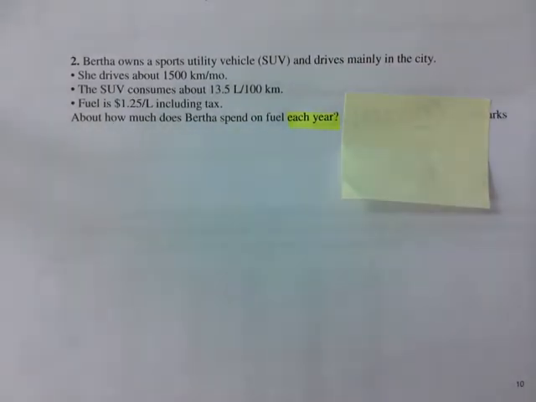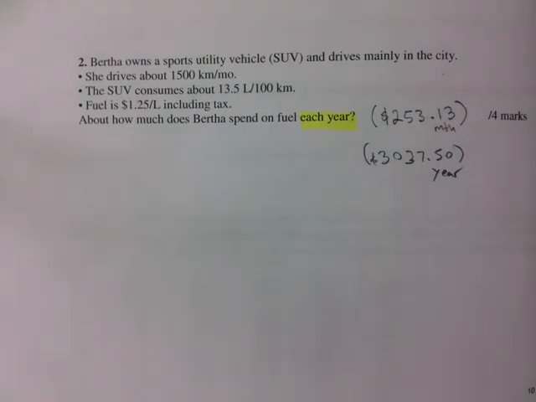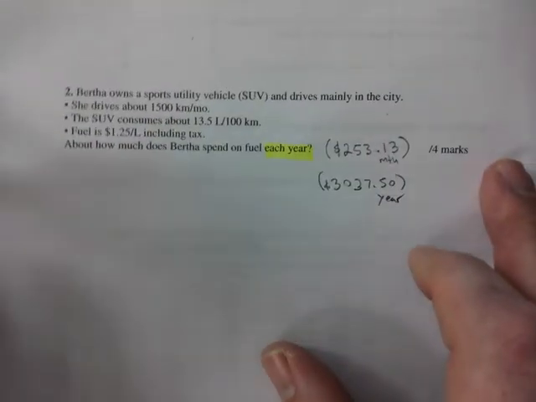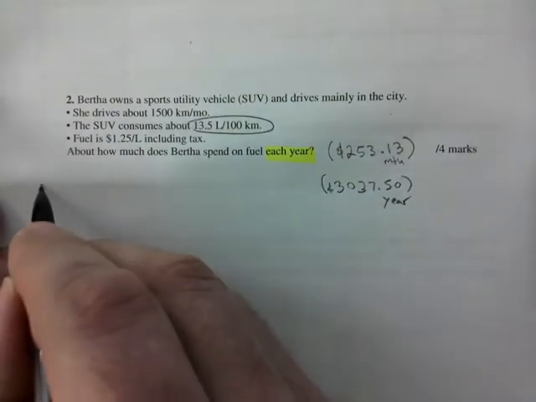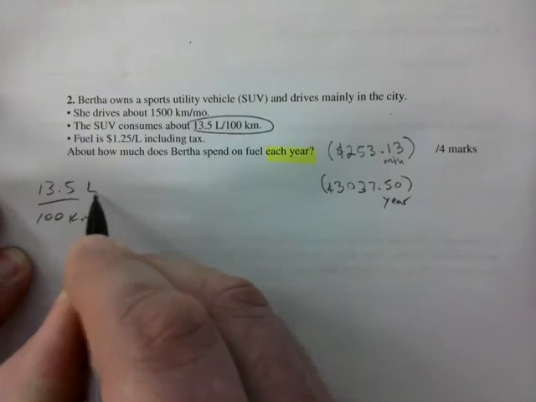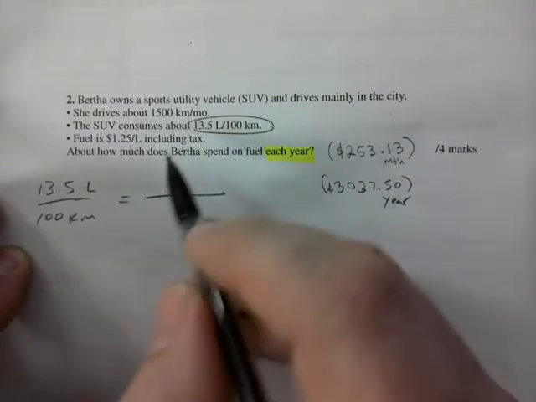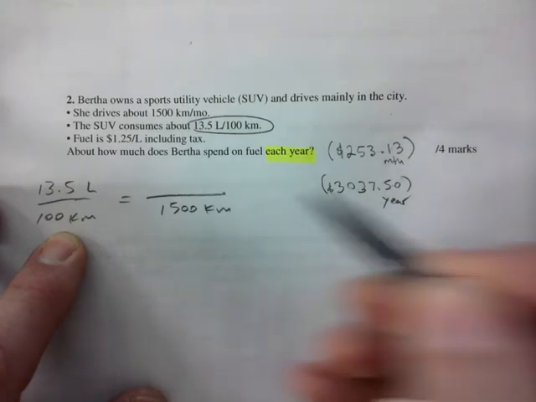As you're doing this, I'm going to give you the quizzes. Month and year. I'm going to quickly go over it, if you don't mind. The fuel economy is given, right? And I'm told that I'm driving 1,500 kilometers per month.